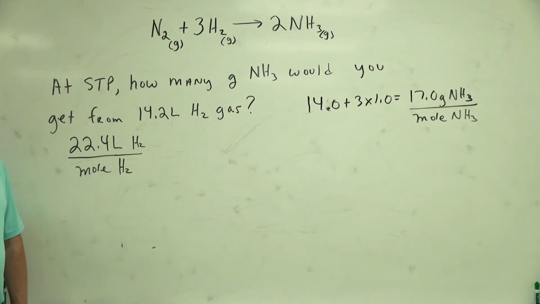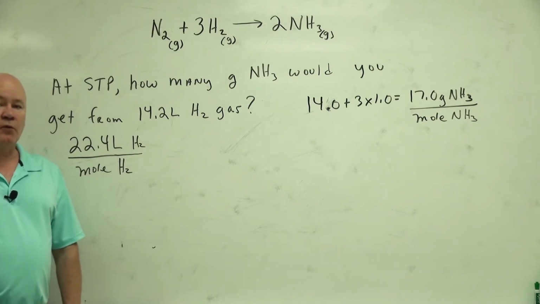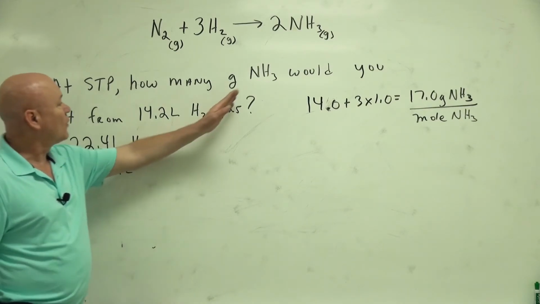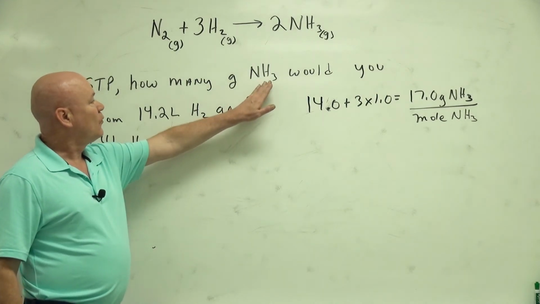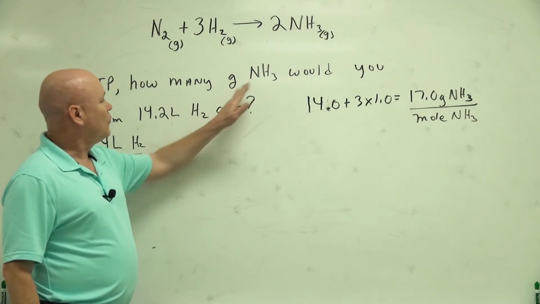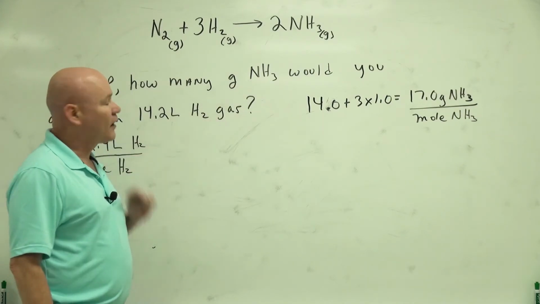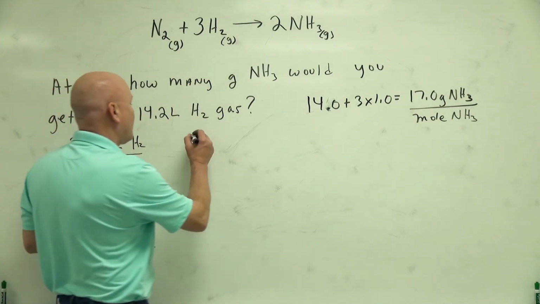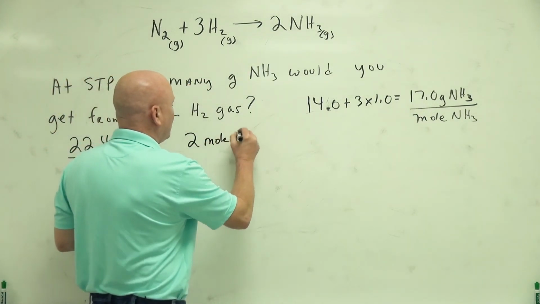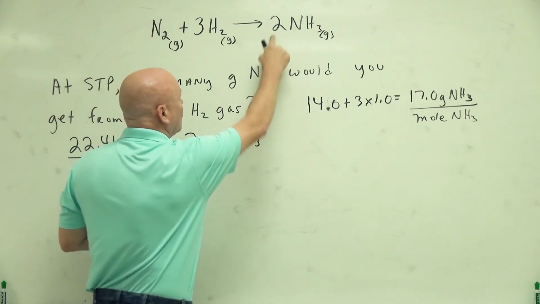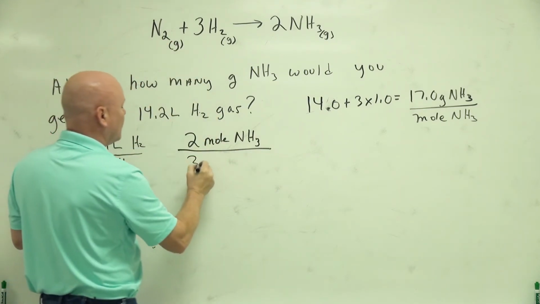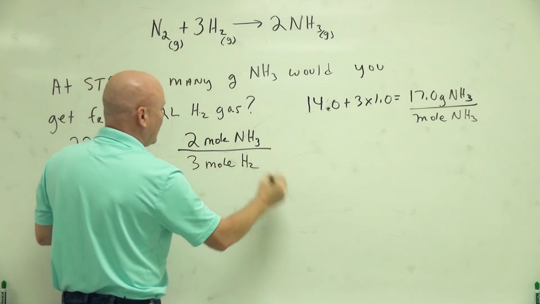Now, I'm not quite done with my conversion factors yet, because in any mass quantity calculation, if you're going from one thing to another thing, you will need the mole ratio. I see that we're going from hydrogen gas to ammonia gas, two different things, and so the connection is our mole ratio, and that would have to be 2 mole ammonia for every 3 mole H2.